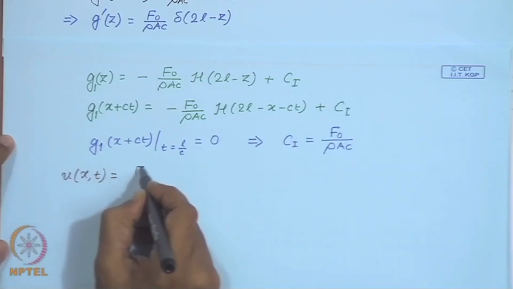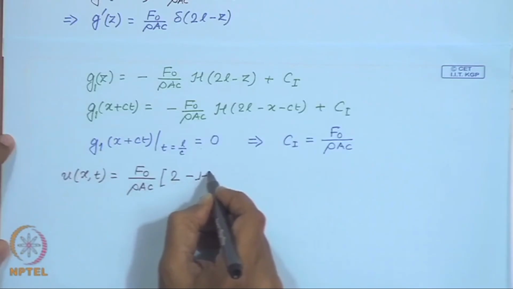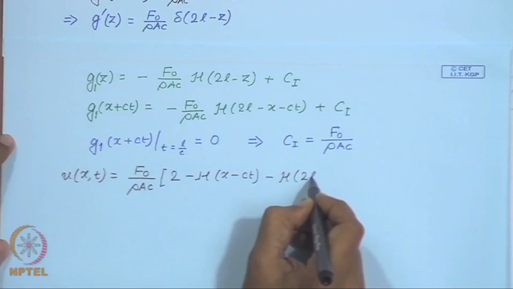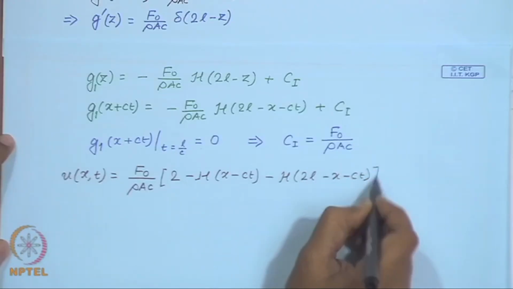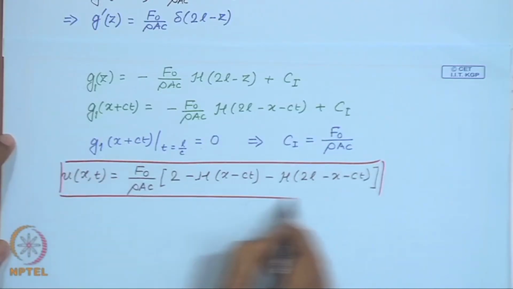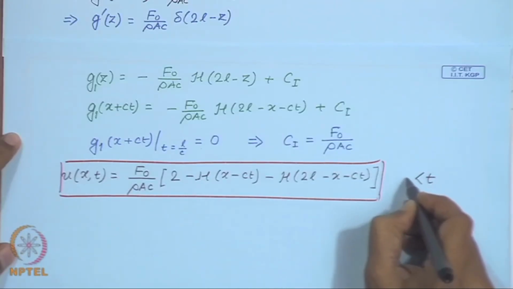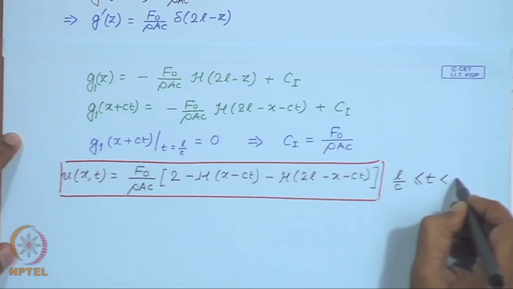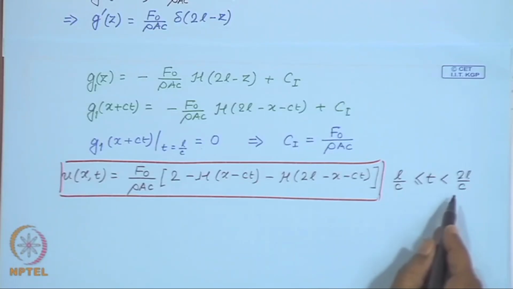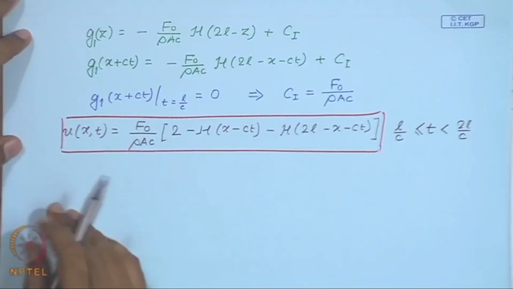finally the solution. So, this is the solution after the wave has reflected once from the right boundary, and this solution is valid in the time interval L over C to 2L over C. Now, once again this wave is going to come back to the left boundary.